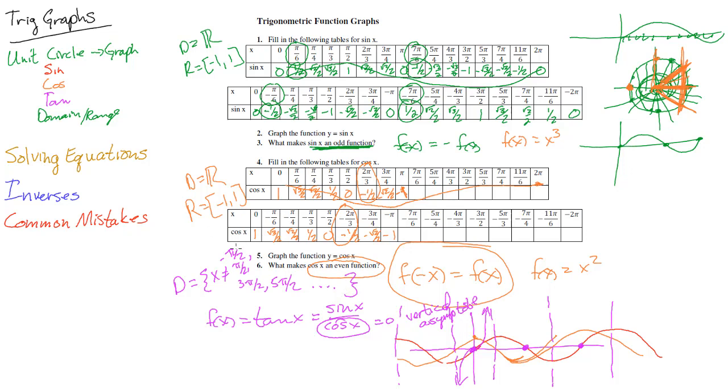All of these patterns, any odd pi over 2 will give you cosine has a 0, and that's not in the domain. So domain does not equal all of those numbers. It can equal anything but that. But its range, notice what its range is. Its range, this shoots all the way up to infinity and down. So this actually has a range of all real numbers. Crazy that way.